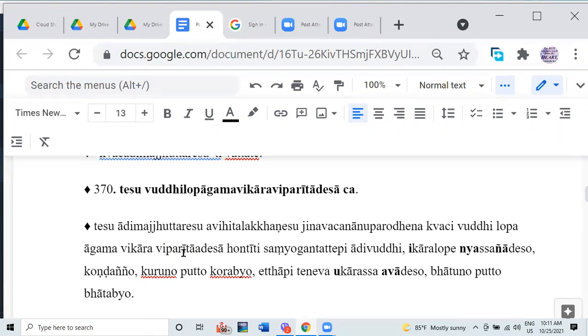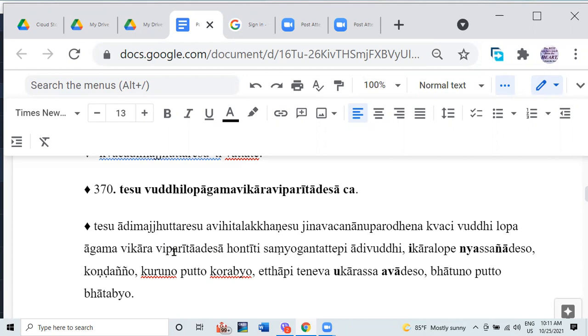So Avihitani Lakkhanani Yesam, Avihita Lakkhanani, Tesu, Avihita Lakkhanesu, because Avihita Lakkhanesu modifies Adi Majjuttaresu, which also should be neuter gender.